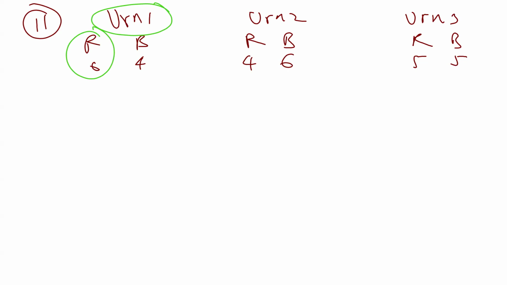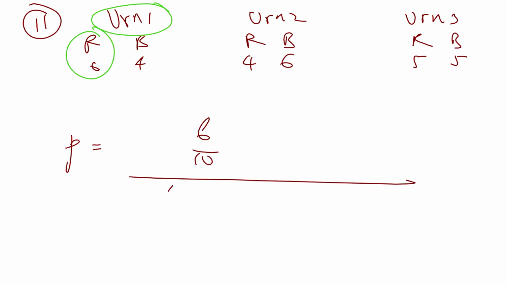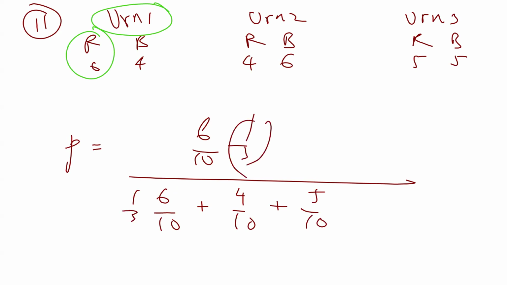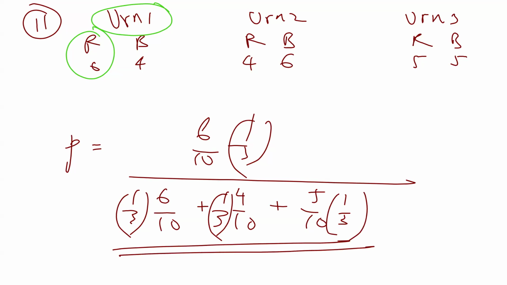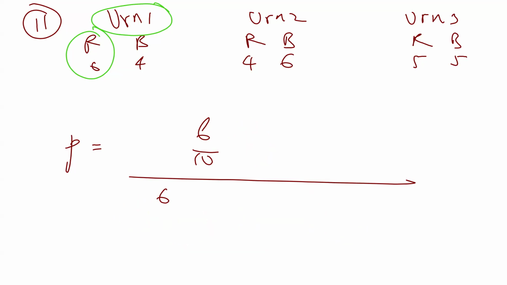So the probability of getting red from urn 1 is 6 upon 10, upon 6 upon 10 plus 4 upon 10 plus 5 upon 10: red from urn 1 plus red from urn 2 plus red from urn 3. Even if you multiply 1 by 3 for each of the urns, because there is a 1 by 3 chance of getting each urn, this 1 by 3 you can take common and cancel. So it's not really a problem even if you don't take 1 by 3.